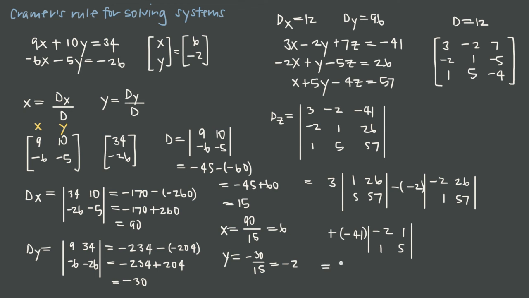And then when we simplify, we'll get 3 times 1 times 57 is 57. 26 times 5 is 130, so minus 130. Then minus a negative 2 is a plus 2. Negative 2 and 57 is a negative 114 minus 26. And then plus a negative 41, minus 41 times negative 10 minus 1.